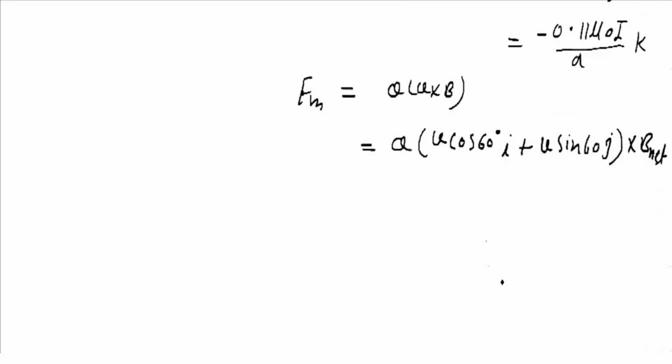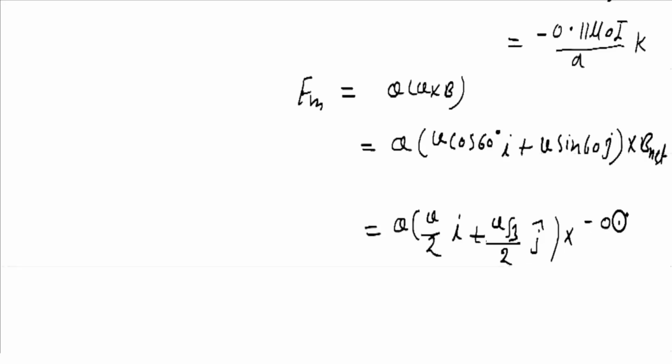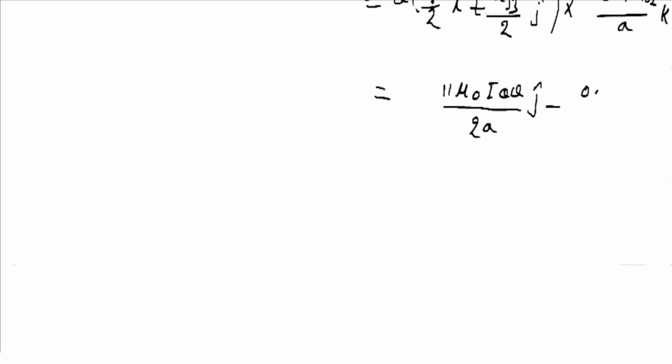So Q v upon 2 i cap plus v root 3 upon 2 j cap, cross minus 0.11 mu naught I upon a k cap. So we take the minus, and this comes to 0.11 root 3 mu naught I upon 2a Q v, the force in vector form.